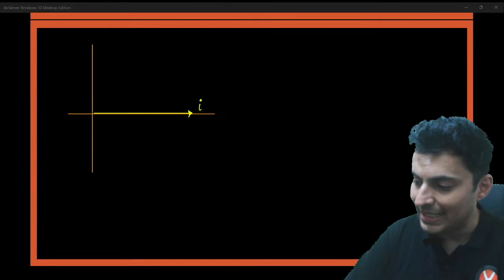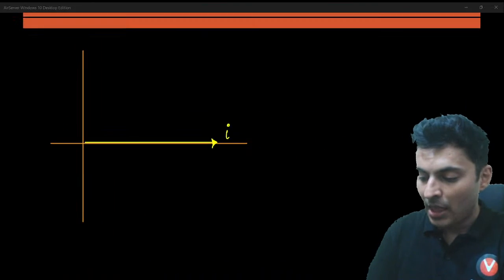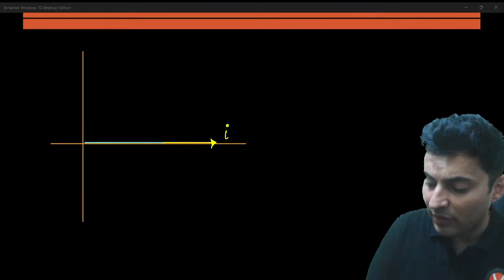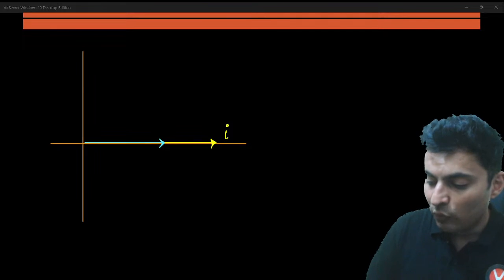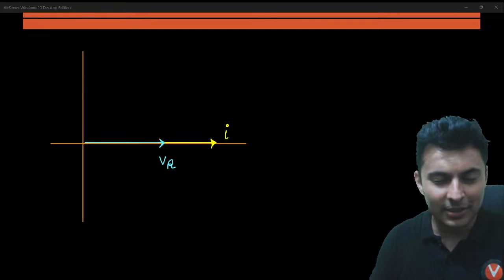Okay, horizontal line is just for the current. Now let's talk about the voltages. For a resistor, the voltage and the current are in the same phase. So always the voltage across the resistor is in line with the current.